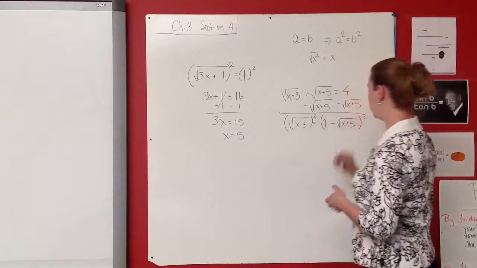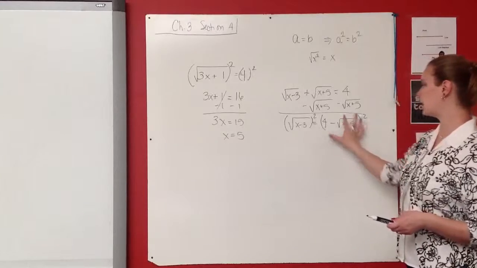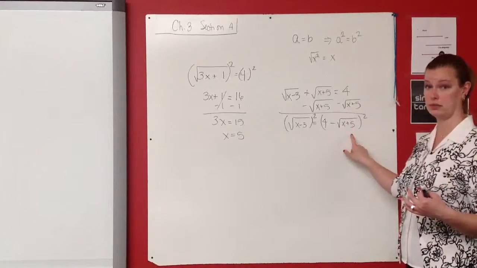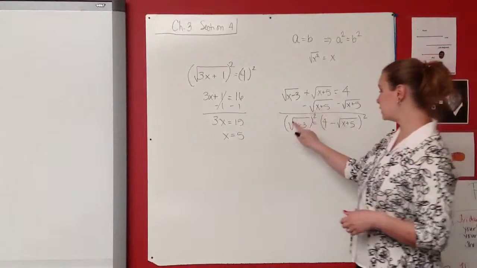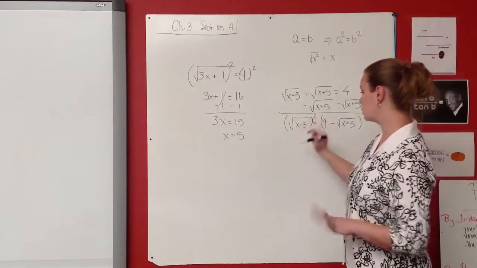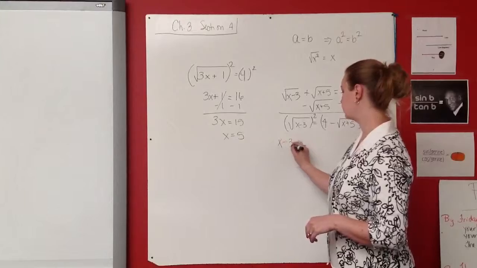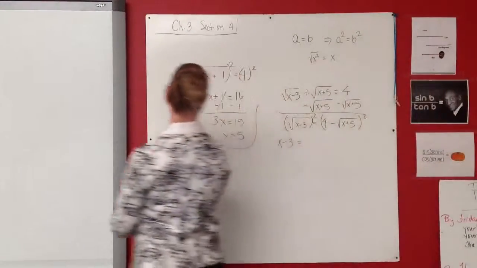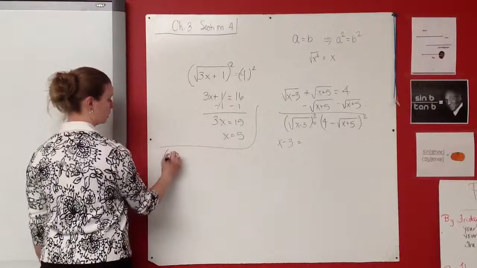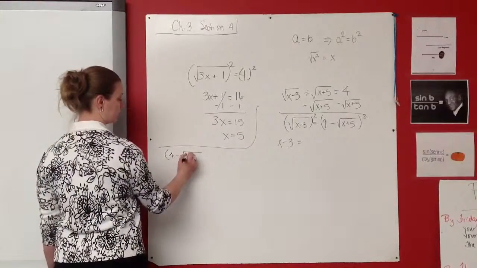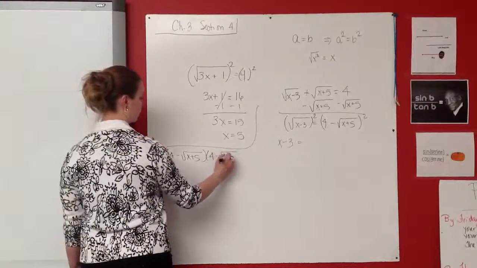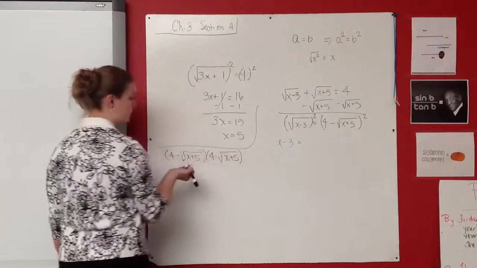Now, what I need you to notice on the right-hand side is I actually have an expression that includes a radical, so we're going to FOIL it. On the left-hand side, the root is canceled by the square. That's easy enough. On the right-hand side, we're going to multiply 4 minus the root of x plus 5 by 4 minus the root of x plus 5. It's going to be FOIL.